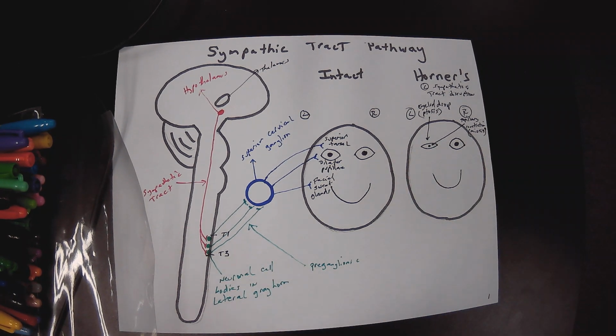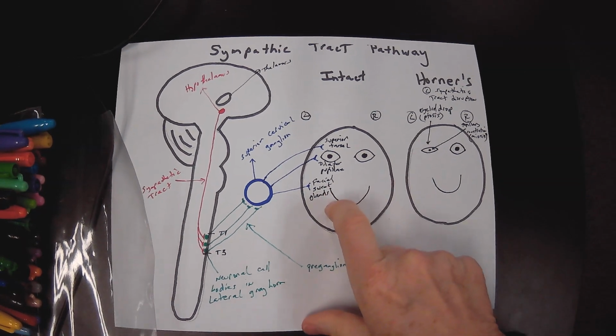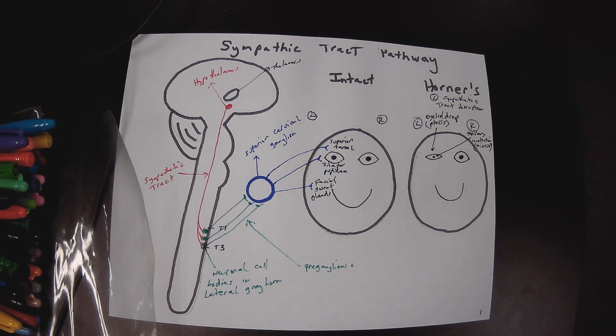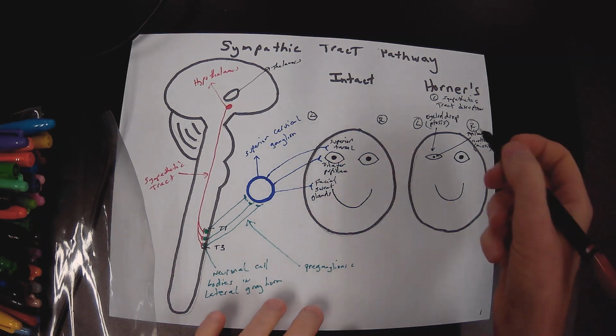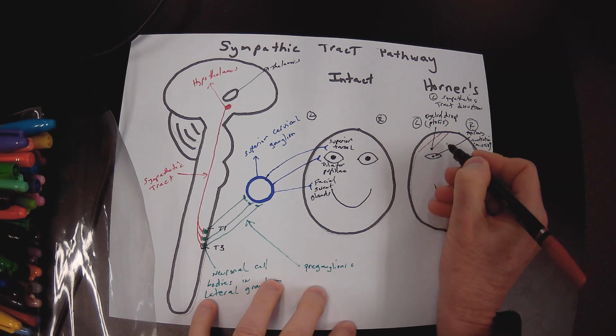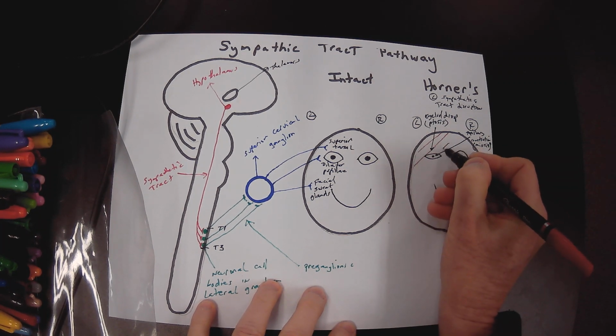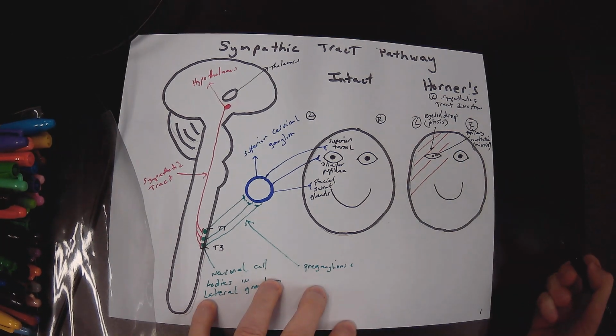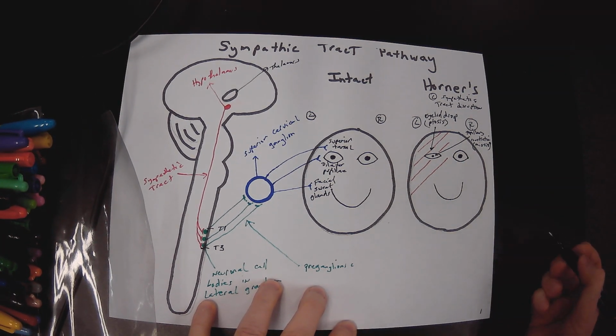Now, if you affected the facial sweat glands only on the left side, the patient will present with a flushed red face on half of their face, on the affected half. Okay, so it's going to be flushed and red because there isn't any sweating to cause cooling off.